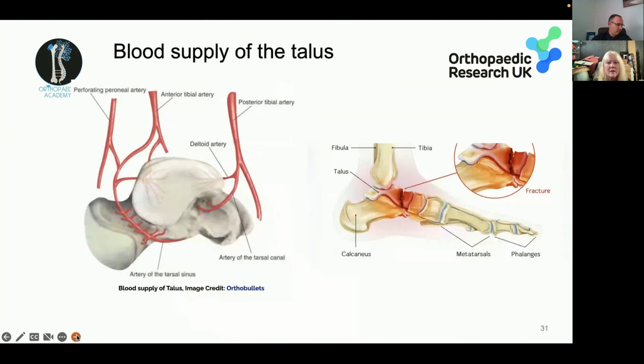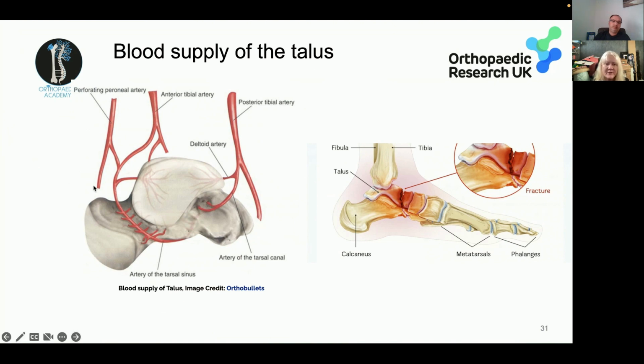All right. Why are we bothered about the talus? The problem with the talus is its blood supply. It's a bit like the scaphoid. It's one of those bones that's got a blood supply that if you knock off part of it, then you get avascular necrosis.